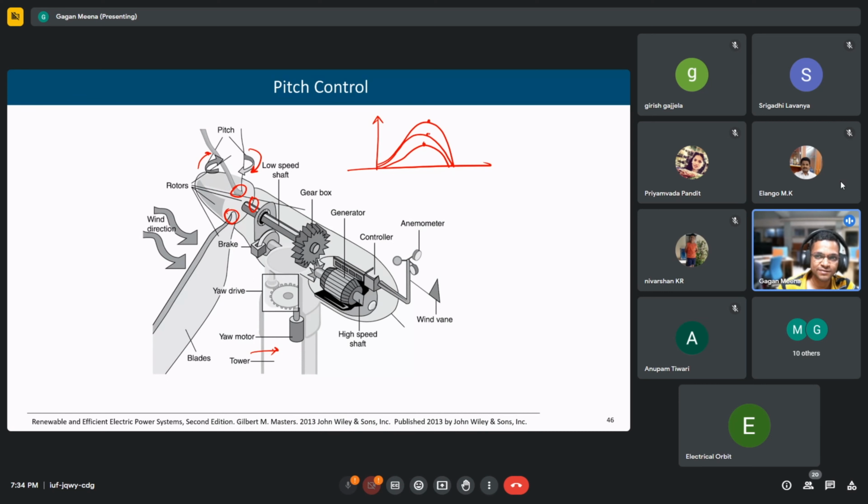So to operate at that point, the angle of this blade has to be optimal for each wind speed. Depending upon the speed measured by this anemometer, the output of this anemometer will go to this pitch control, and accordingly it will change the angle, which we call the pitch angle. So this blade will be rotated to certain degrees.